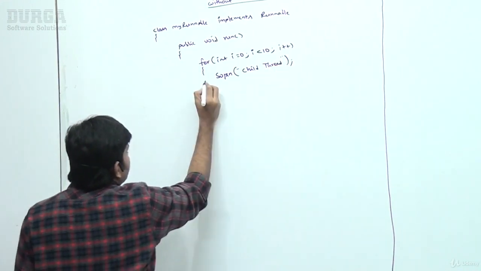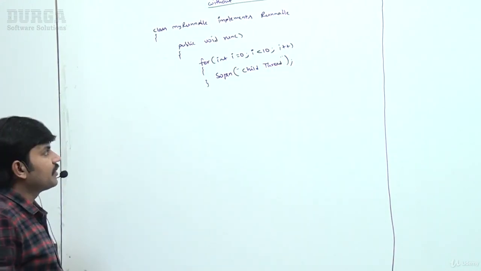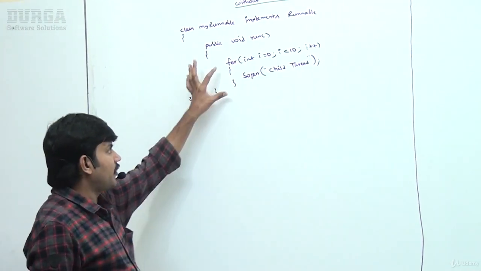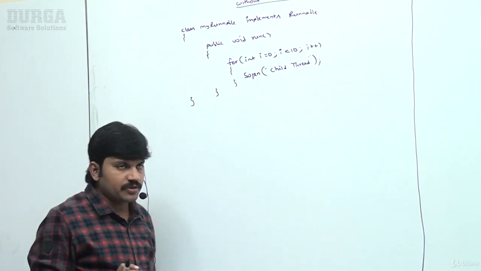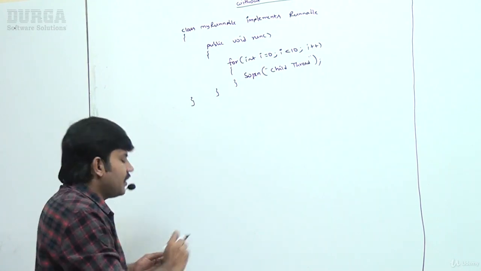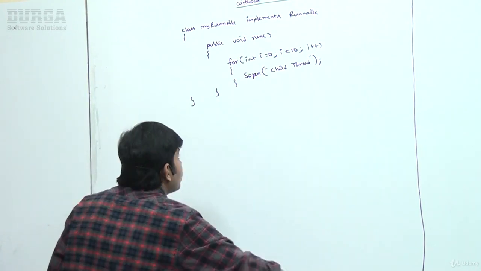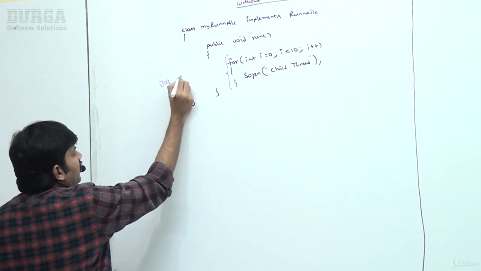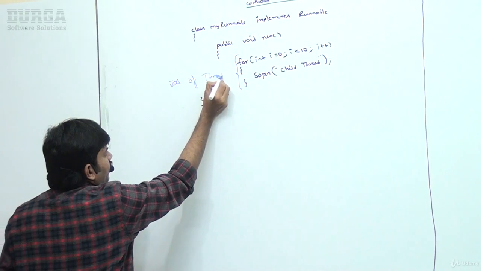Are you getting it? How many times is this for loop going to execute? 10 times. Have you observed? If I start a thread, then this is by default considered the job of the thread, right? Job of the thread.